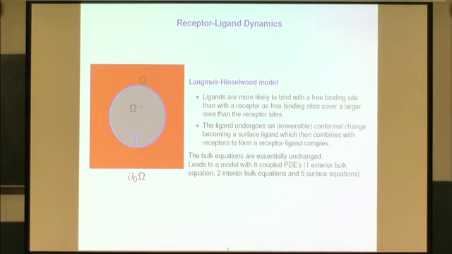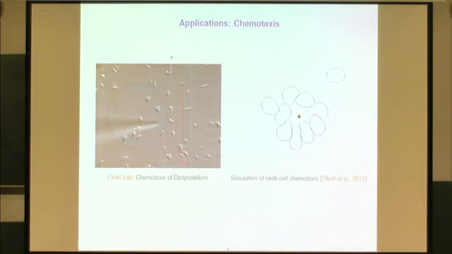Finally, the surface ligand is transported by lateral diffusion over gamma to find a receptor to form a receptor-ligand complex. The whole model, I'm not going to write it down, is about 8 coupled PDEs: 1 in omega, 5 on gamma, and 2 in the interior. But we're not going to see that model at all, so don't worry about it.